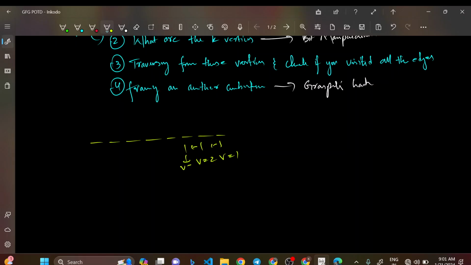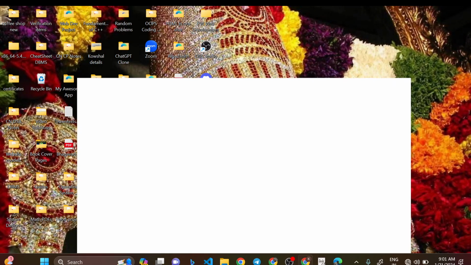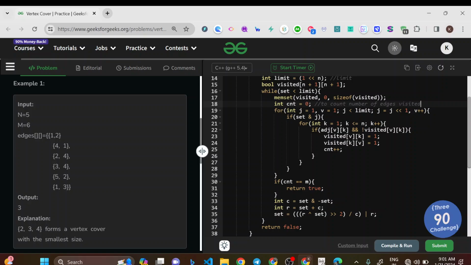Again left shift of 1, this will represent vertex 4. This is how it goes on, right? So this is the value of j and this is the value of v. j is traversing by j left shift of 1 when v is v plus plus. So each bit position denotes a particular vertex, right? So this is the procedure. For int j equal to 1, v equal to 1, j less than limit, because j has a limit, and j left shift of 1, v plus plus.